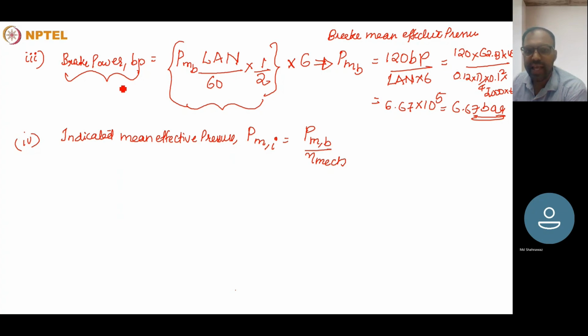So the same ratio, the proportionality constant between the brake power and the indicated power holds true between the brake mean effective pressure as well as the indicated mean effective pressure, and that proportionality constant is the mechanical efficiency. So we can write it with 0.85, and it will be coming around 7.85 bar.